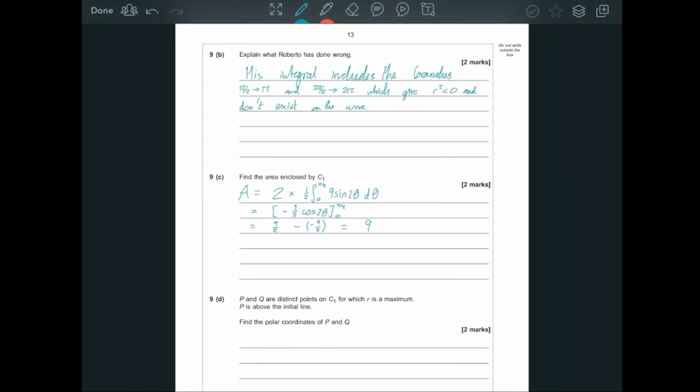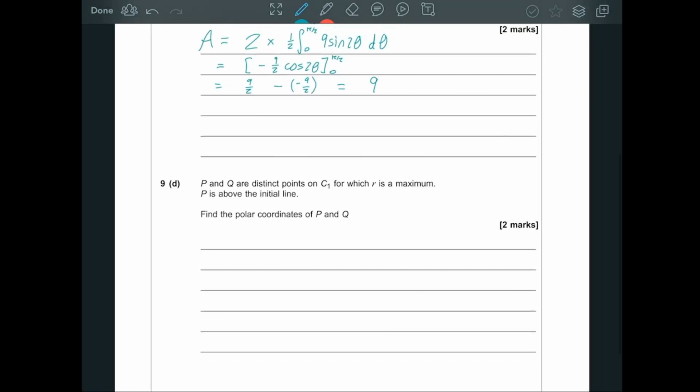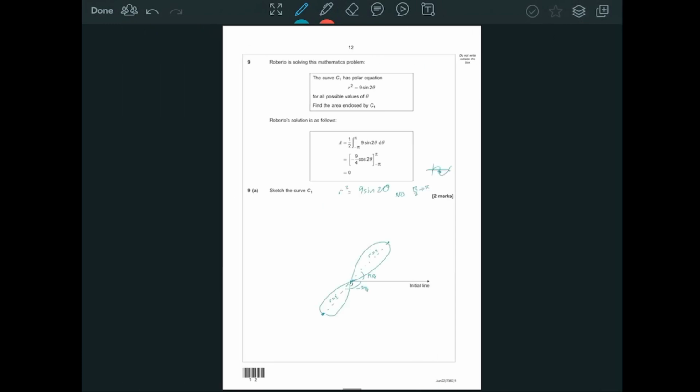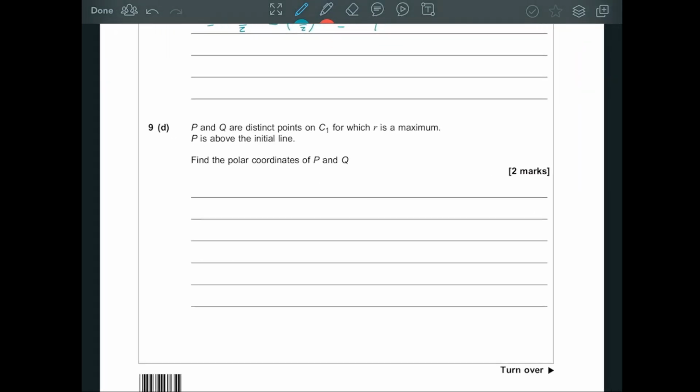P and Q are distinct points on C1 for which R is maximum. Okay, well, I've already worked that out in doing my sketch, in that process of thinking about how to draw this picture, which of course you could have done in your calculators. I'm old-fashioned in that regard. I've already worked these out. So it's r comma theta or theta comma r.